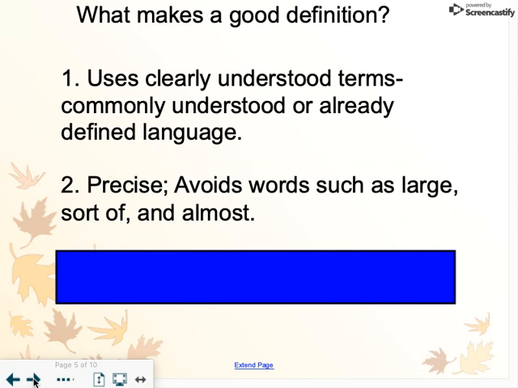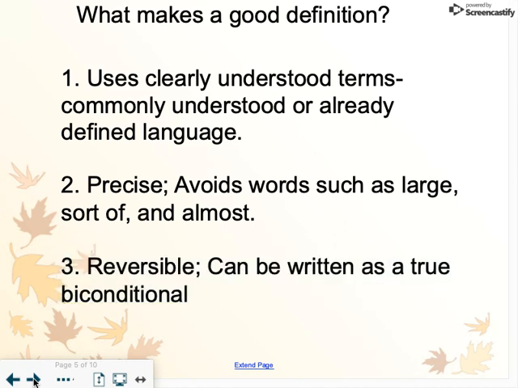Two, they are precise. They avoid words such as large, sort of, or almost, ones that don't quite give us the best definition there. And then the third thing is they are reversible. They can be written as a true biconditional, or they can be written as an if and only if statement.